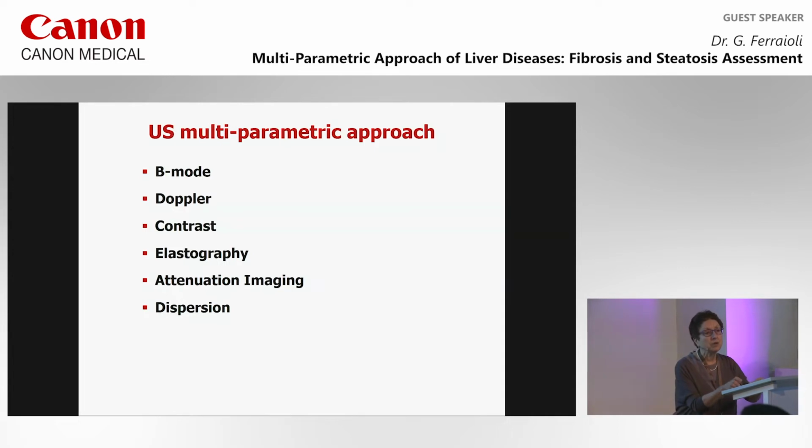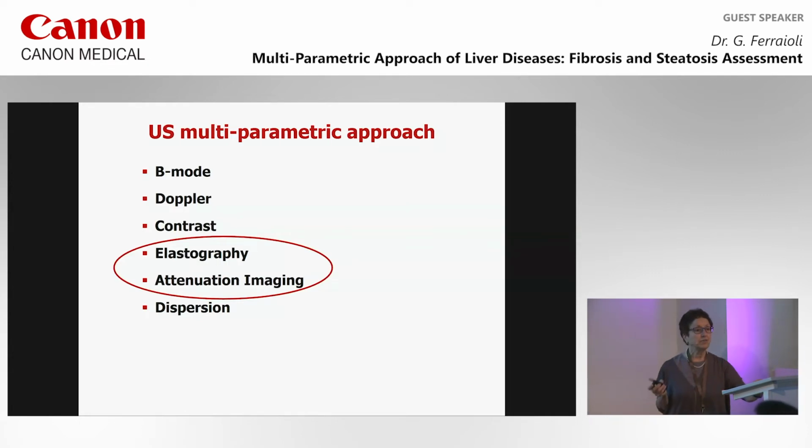Nowadays, a multi-parametric approach is possible using an ultrasound system. We have the B-mode image, but we may obtain several parameters with the same equipment: the Doppler, contrast, elastography, attenuation imaging for the quantification of liver steatosis, and the dispersion related to inflammation.